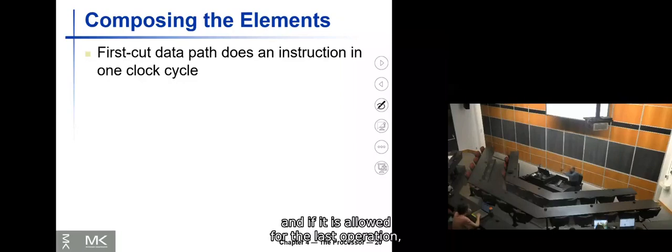And if it is a load, for the last operation, we need that value to go to the register file. All of these things should be done in one clock cycle. So everything should be there.